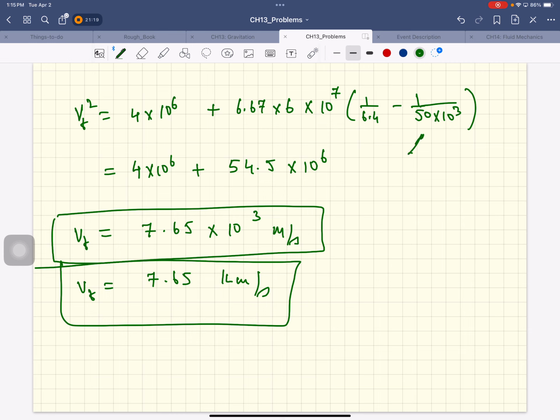You can throw this away. So this becomes 62.5.